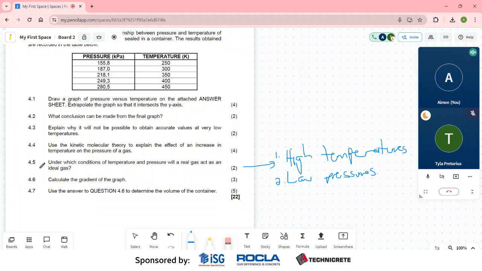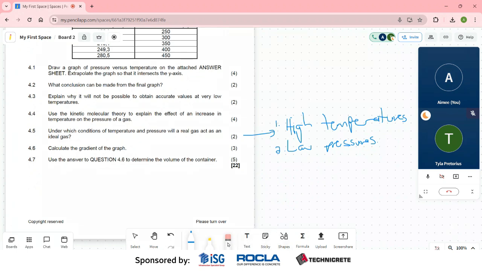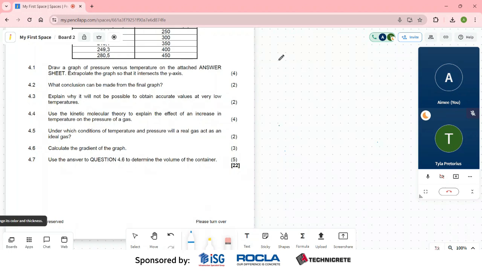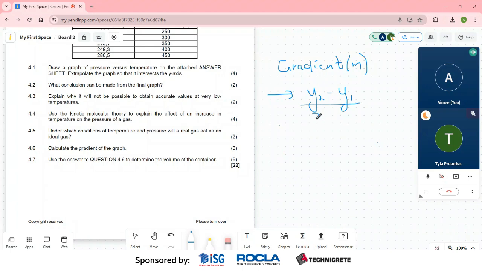So you know that the formula for gradient is often also represented as m equals y2 minus y1 over x2 minus x1.